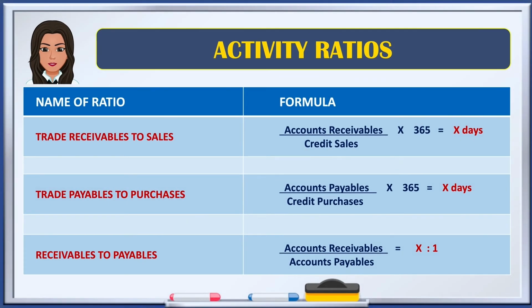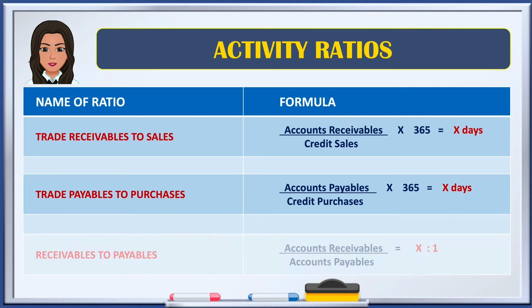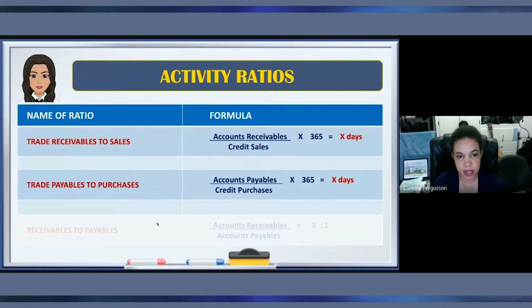So these are your three ratios. Very easy, but as I said, we don't see this last one in the syllabus, so our focus is going to be on these two, and the formulas are in the name of the ratio. So trade receivables to sales, if they ask you for this, you just know it's receivables over credit sales, and because it's being expressed in days, it will be multiplied by 365, and whatever answer you get, you just add days.